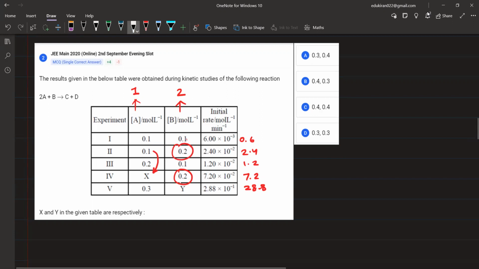Initial rate कितना था? 2.4. 2.4 से कितना हो गया? 7.2. What is happening here? 3 times? Yes or no? This is 3 times, yes, no? sir. So this also will be 3 times. That means X is equal to 0.1 into 3. Okay? That means it will be 0.3.